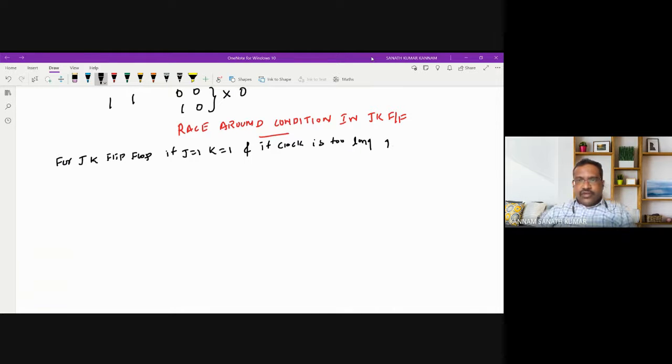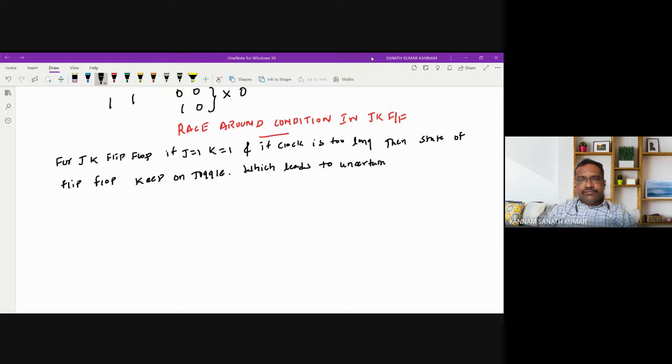Then, when the clock is too long, the state of the flip flop keeps on toggling, which leads to uncertainty.